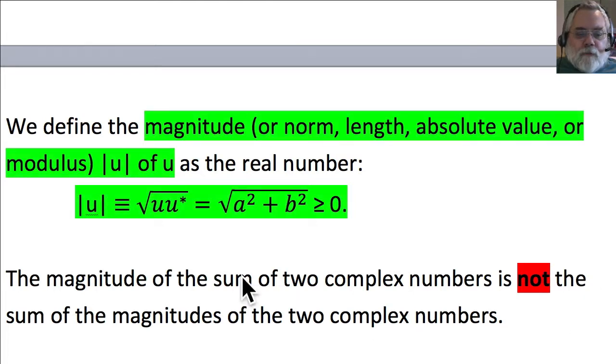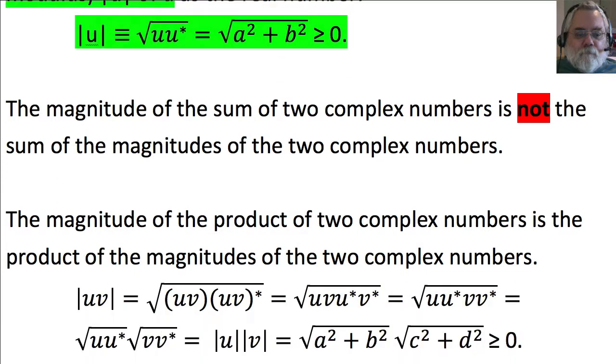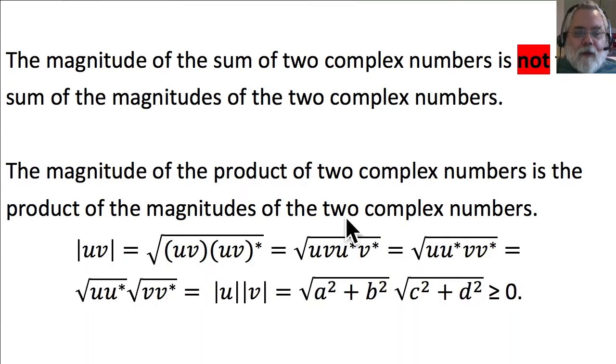The magnitude of the sum of two complex numbers is not the sum of the magnitudes of the two complex numbers. Don't do that. The magnitude of the product of two complex numbers is the product of the magnitudes of the two complex numbers. So the magnitude of uv is the square root of uv times the conjugate of uv. The conjugate of uv is the conjugate of u times the conjugate of v. We saw that earlier.